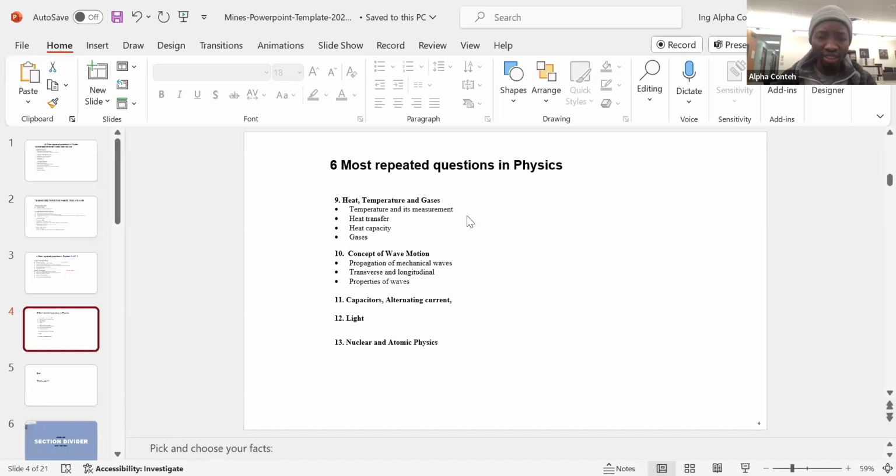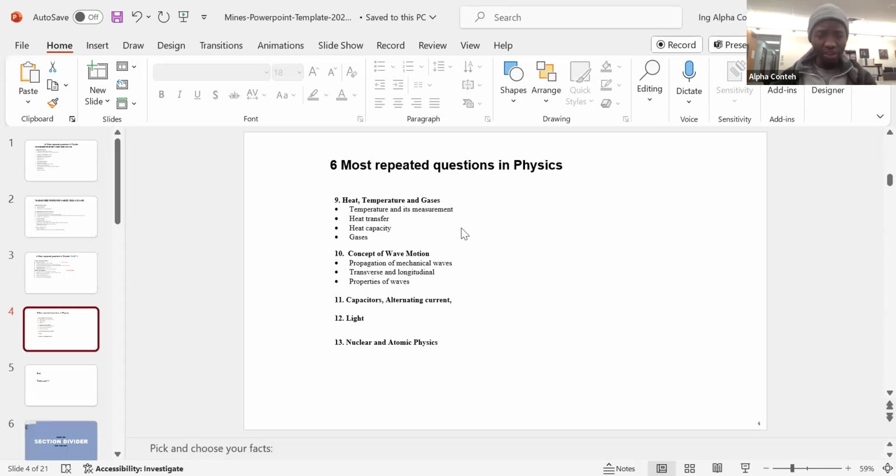Some of the topics you have to take into consideration are temperature and heat measurements, and you'll be having basic calculations under temperature and heat measurement. Also, heat and heat transfer. This is another subtopic you need to consider, as well as heat capacity and some basic topics under gases. So all of this must be well considered.